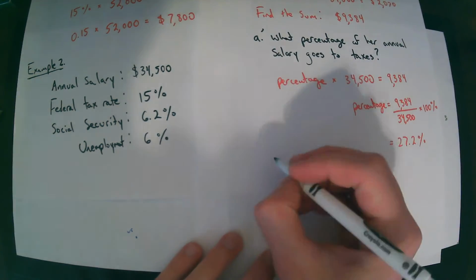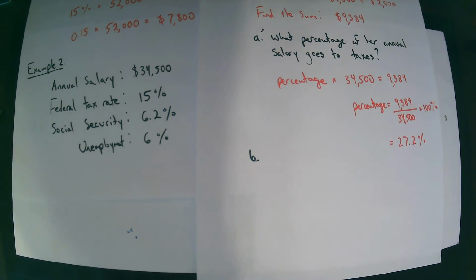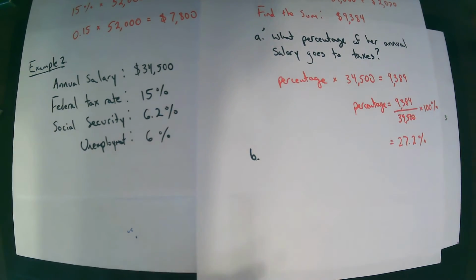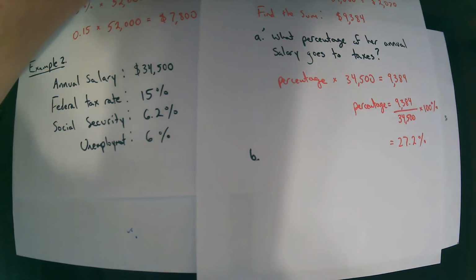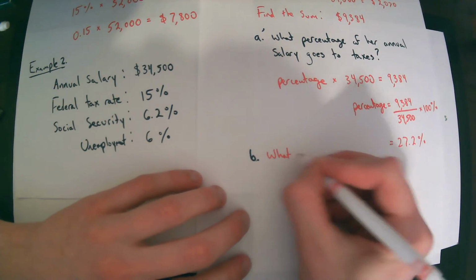All right, part B says find Priya's monthly take-home pay, so the pay that she'll actually get to take home per month. Well, we know her annual pay is $34,500, but that's before taxes. So the first thing we need to note is what is her annual pay after taxes?